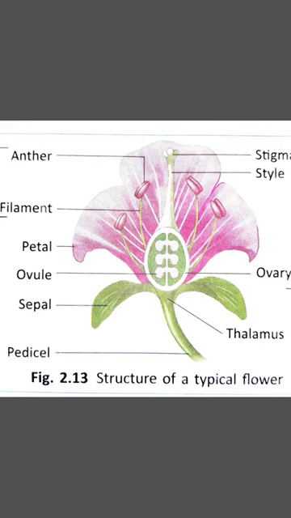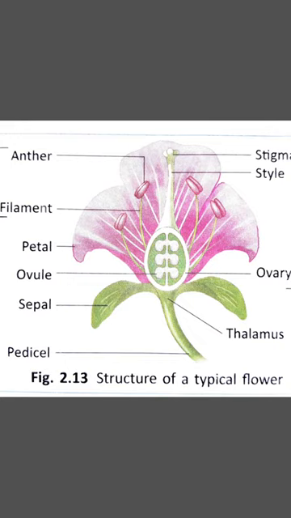When any person says calyx, we have to understand that they are talking about a group of sepals. The first whorl is sepals, a group of sepals is known as calyx.